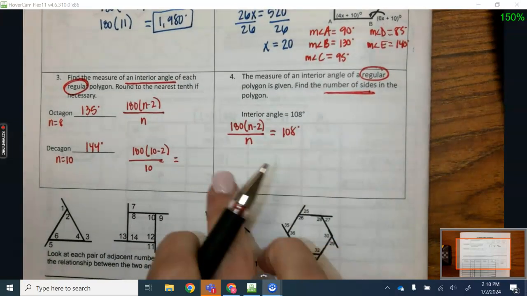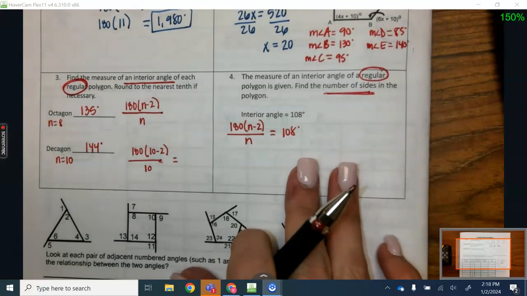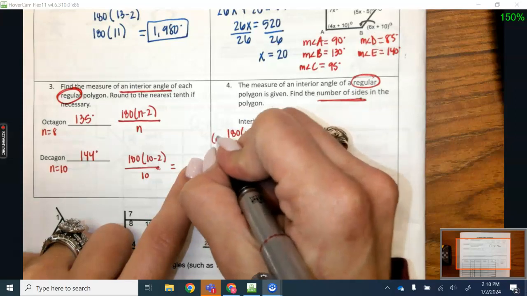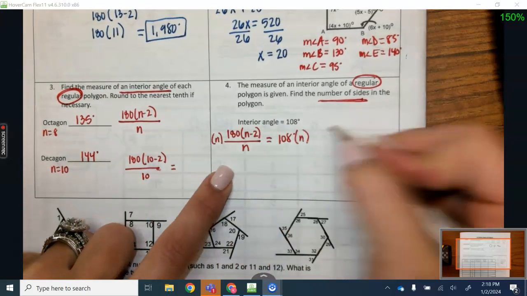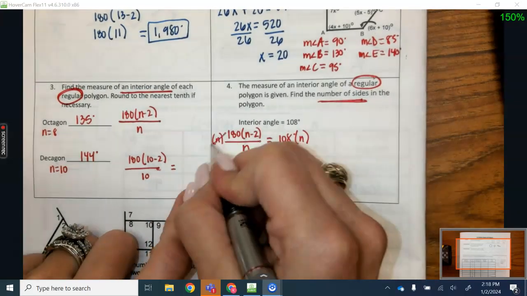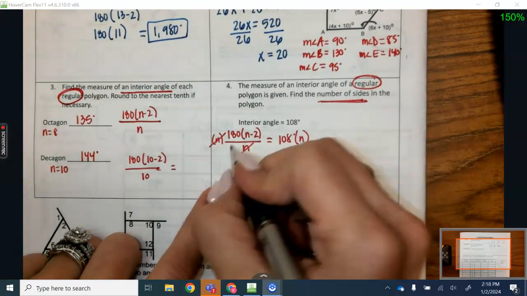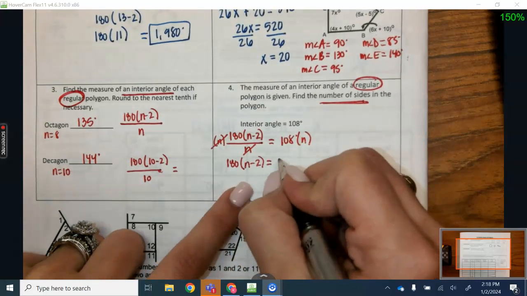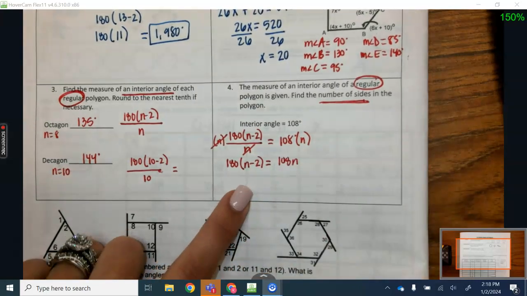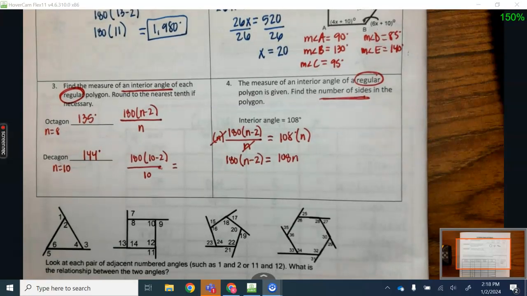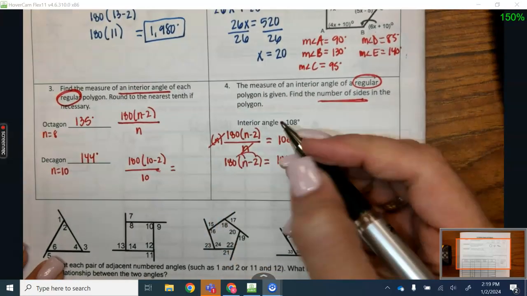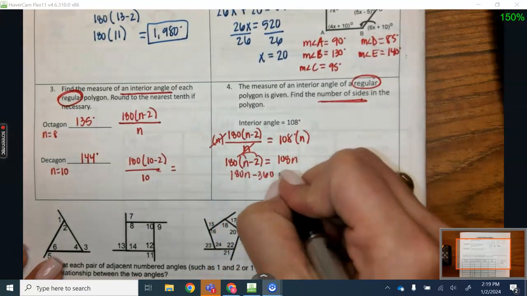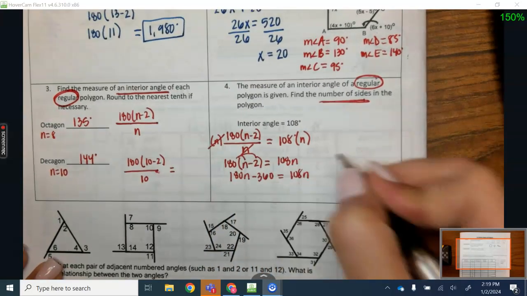Now I have to work through this formula to solve for n. In order to get rid of this denominator, I'm going to multiply both sides by n, and it's going to cancel out over here. And I have 180 times n minus 2 is equal to 108n. Now I have to distribute the 180, so 180n minus 360 is equal to 108n.